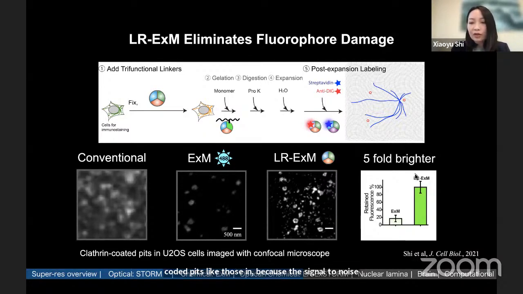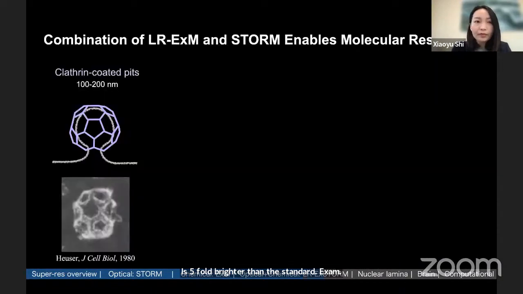So the LR-ExM, in this case, is 5-fold brighter than the standard ExM because of the retention of those fluorescence labels. And now we're ready to combine the expansion microscopy with STORM because we solved the fluorescence loss problem.